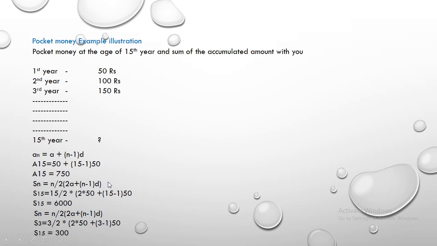D is the common difference between two consecutive years, the increment she gets every year, that is 50, since 150 minus 100 is 50 and 100 minus 50 is also 50. So if we take the difference and multiply, we are going to get 6,000 rupees, that is, she has accumulated around 6,000 rupees in her money box.